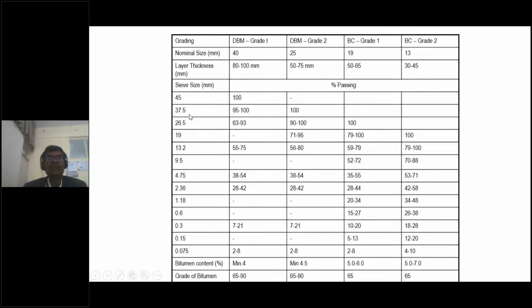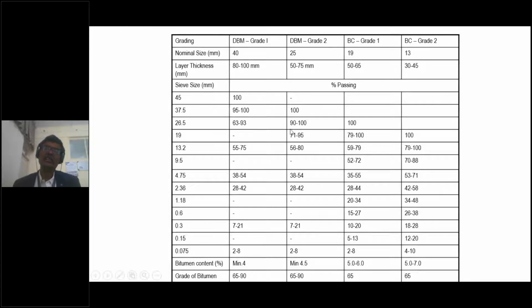So let's say 37.5 mm sieve, 26.5 mm sieve, my percentage passing is 90, let's say, and I take 19 mm next sieve. Now my percentage passing is 95. So here also it fulfills, here also it fulfills. Now take 13.2, my percentage passing is 56%, then also it holds good. No, that is not the gradation.